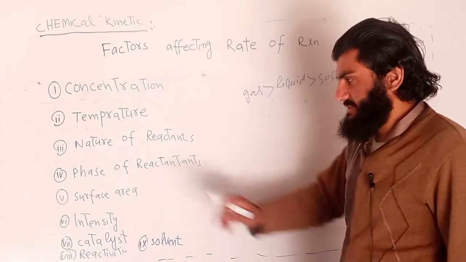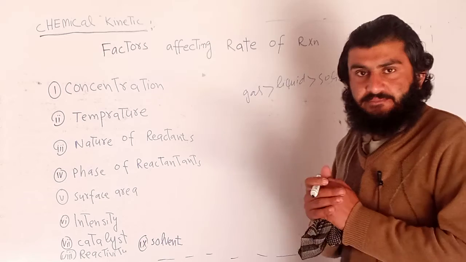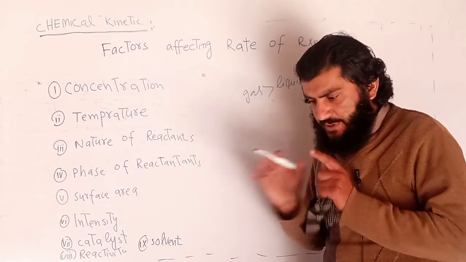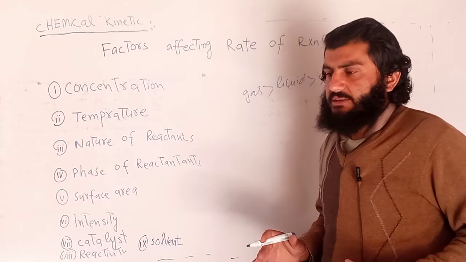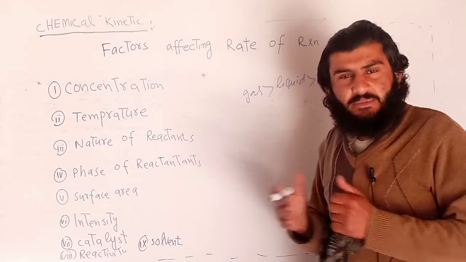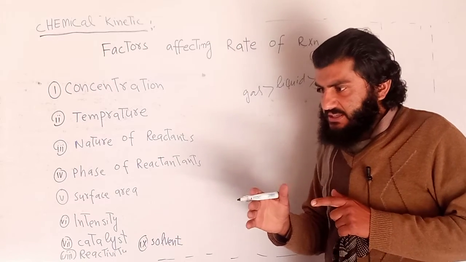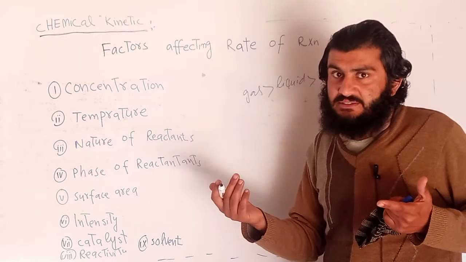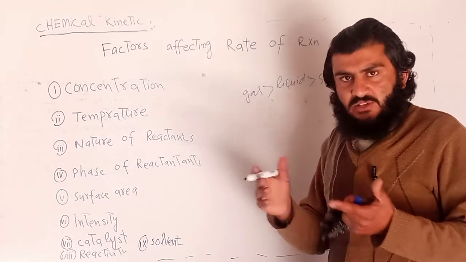Why? Because gaseous molecules are separated from each other, so their surface area increases. If the surface area increases, the rate of collision increases. The contact of A and B also increases.